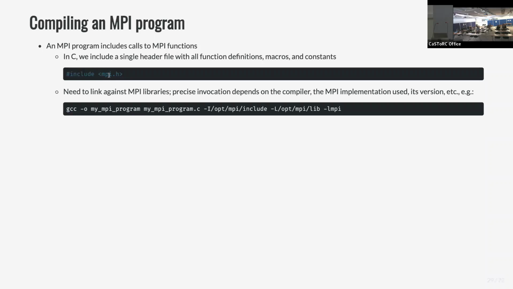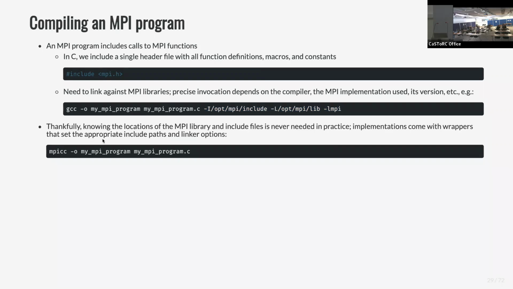In principle, when you compile this MPI program, you need to link in the library, you need to do something like this, where you include the path to the library so that the functions are found. But thankfully, almost all of the time, you don't need to do this.